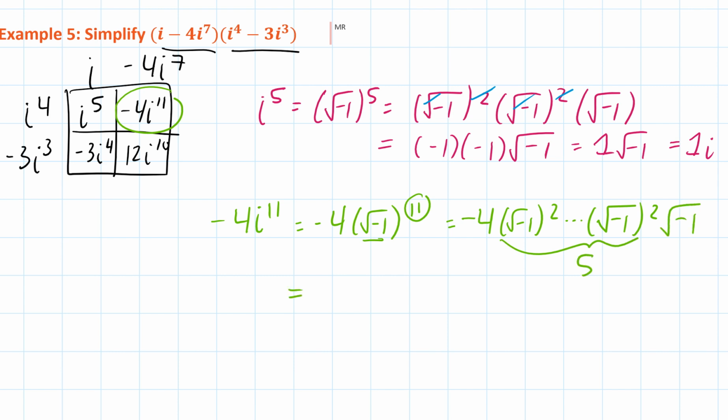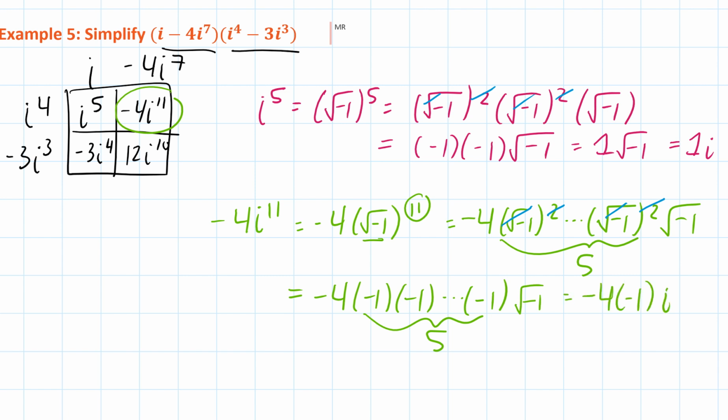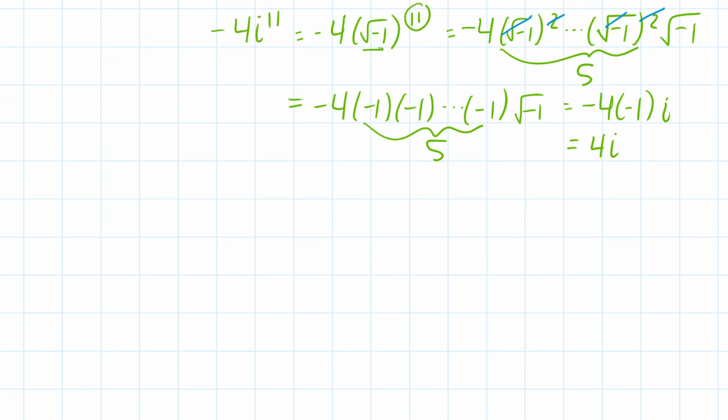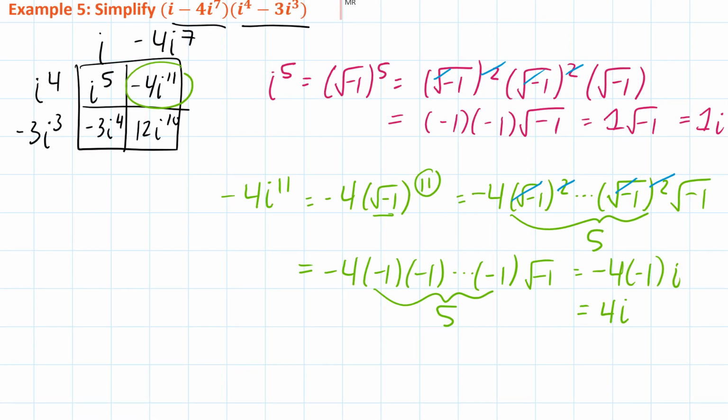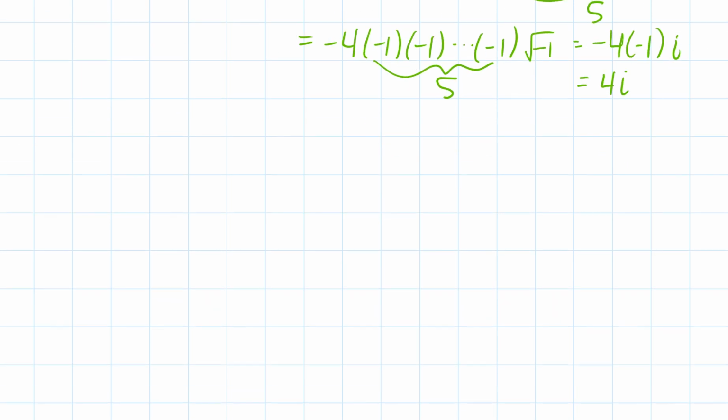So when we cancel out our inverse operations, that gives us negative 4 times negative 1, negative 1. That gives us 5 negative 1s plus a leftover, which will give us negative 4 times negative 1i, or positive 4i.